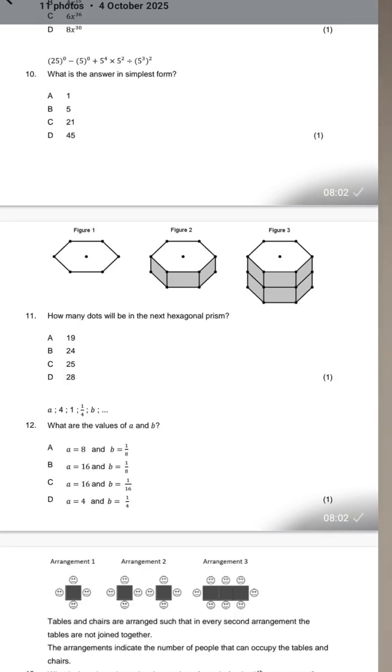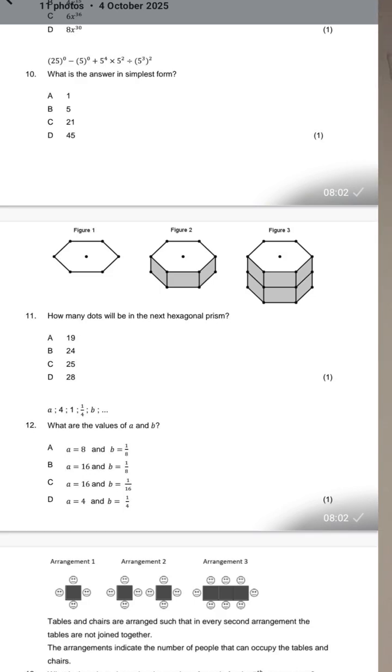Then our last figure, figure 3, how many dots do we have? So if we count again, at the top we have 2, in the next line we have 3, so 2 plus 3 gives us 5. In the next line we have 2, so that means 2 plus 3 plus 2 gives us 7. But then on the side we have the other additional 2, so 2 plus 3 is 5, plus 2 is 7, plus those 2, okay, we have 9.